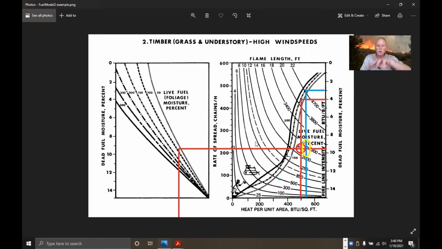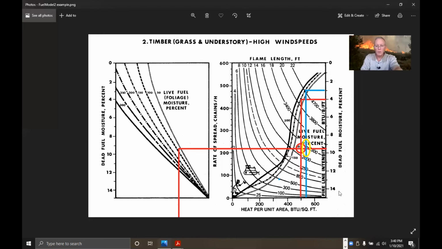So you have to use a corresponding element. You either have to multiply this 2,150 by 60 to get BTU per minute, or you have to divide the rate of spread by 60 to get the rate of spread in feet per second. So that's what we've done. So it matches on the bottom at about 512 BTU per square foot.